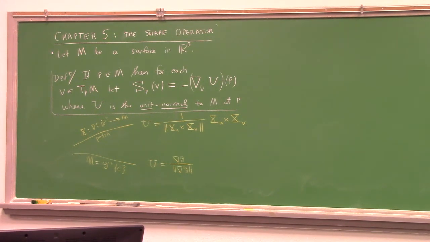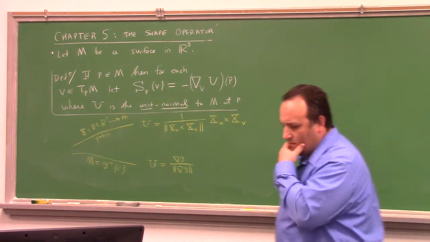But we can calculate the unit normal given a surface. And what would the covariant derivative of u in the v direction describe?